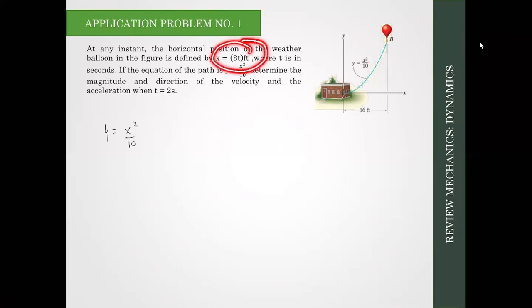Meron tayong x is equals to 80t. So, pwede natin i-substitute na yan, no? So, pag sinubstitute natin, this will be (80t) squared over 10 is equals to y. So, y is equals to 6400t squared over 10 or equals sa 6.4t squared.